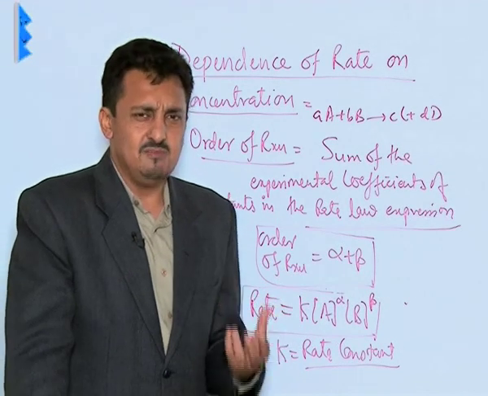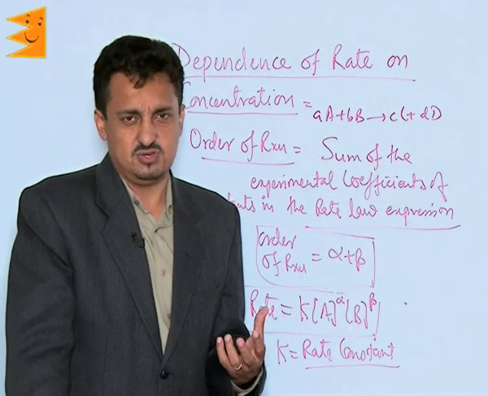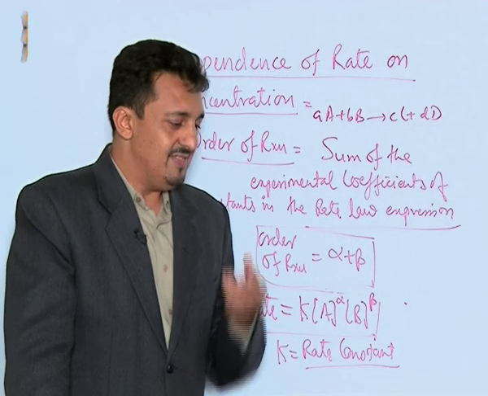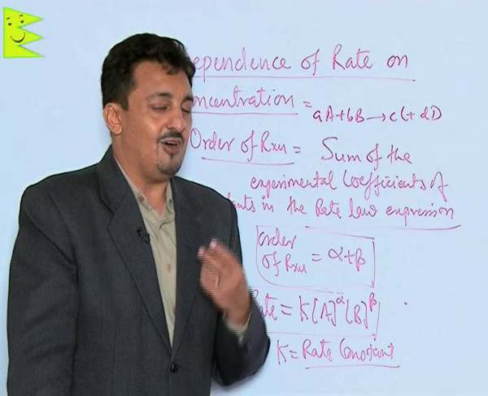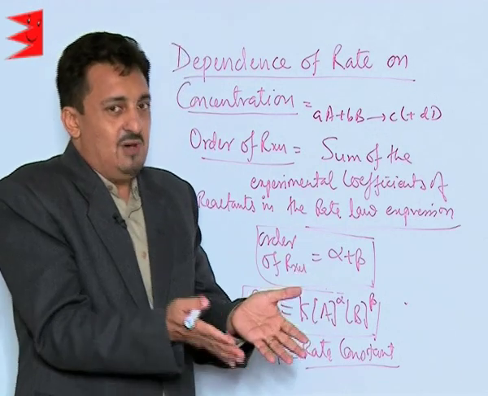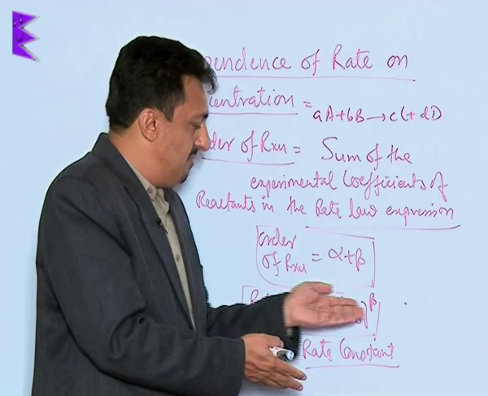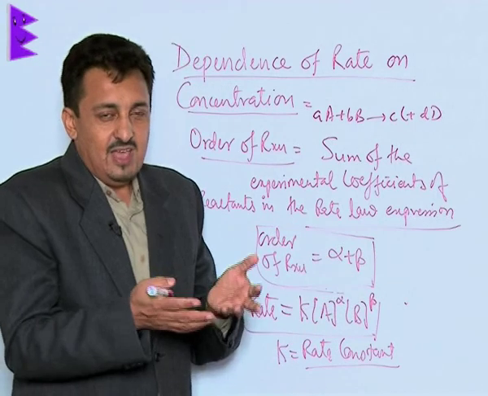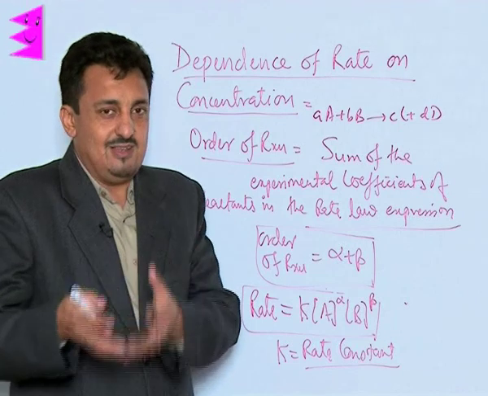So this term gives us very valuable information. But what is important to note is that this order can only be determined experimentally, because it is the sum of the experimental coefficients which are written in a rate law expression.